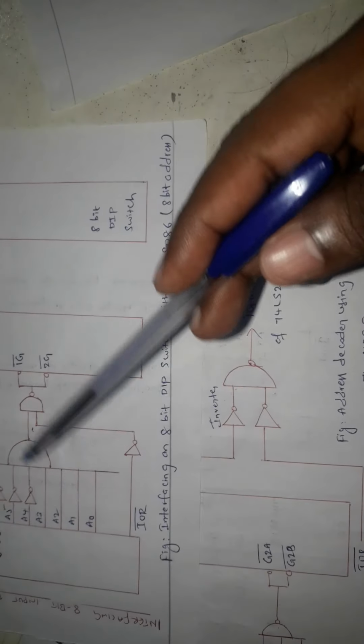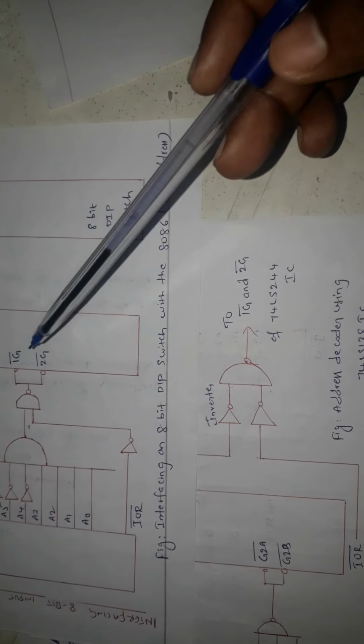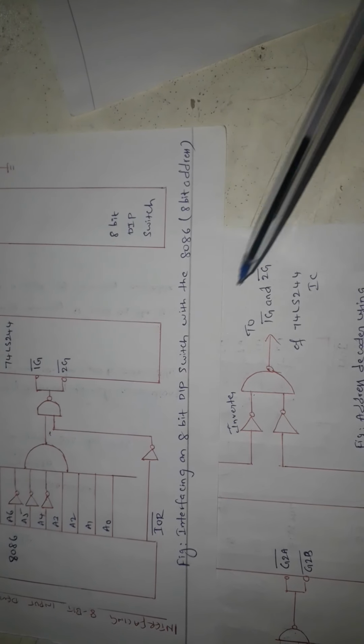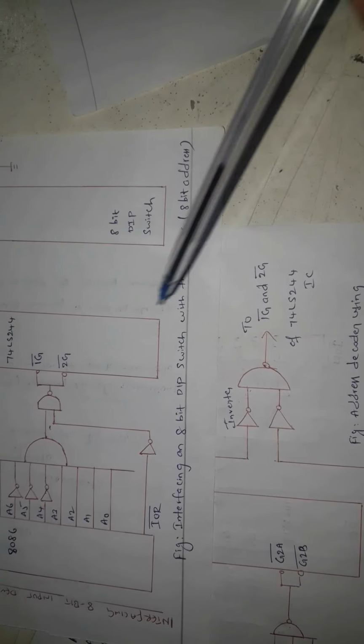That is, in the place of these logic gates, we are going to use the decoder. So the output of the decoder is connected to the 1G bar and 2G bar enable pins of the 74LS244 IC, so that it enables the buffer IC.